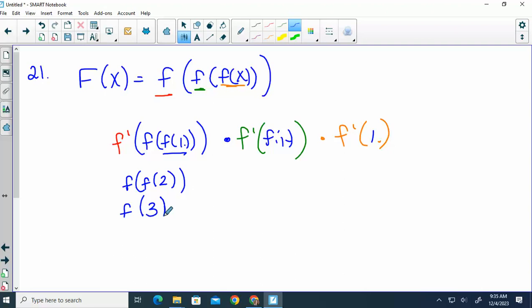And f prime of 3, yeah, f prime of 3 is 6. Alright, this one we have f prime of f of 1, which is 2, and f prime of 2 is 5. The last one, f prime of 1, we were given as 4.